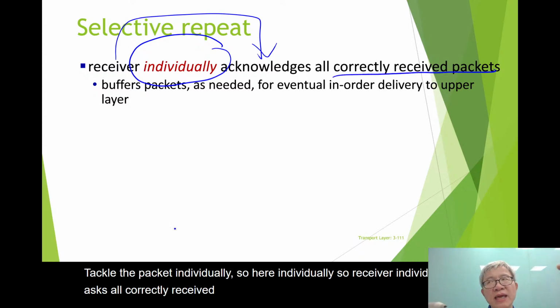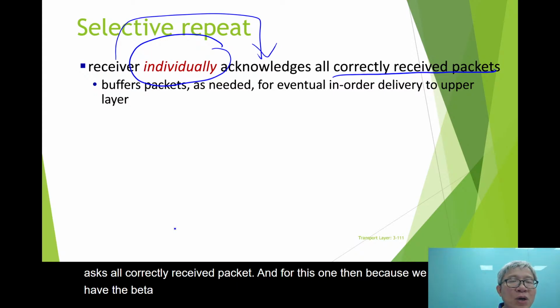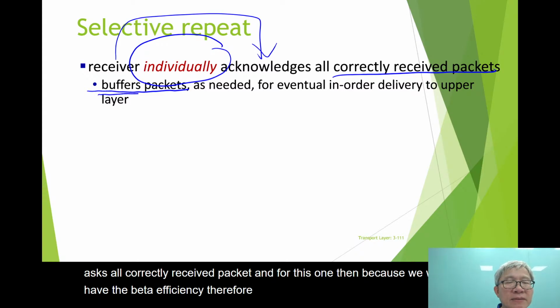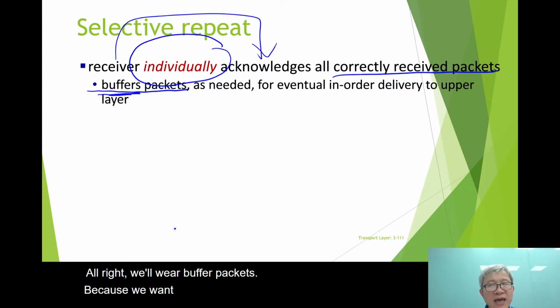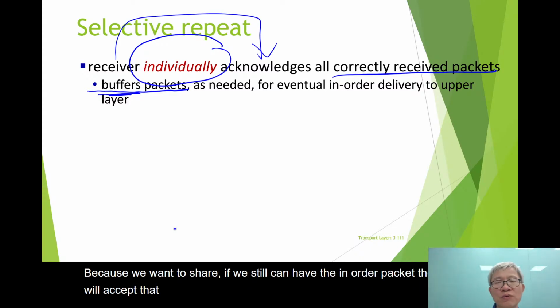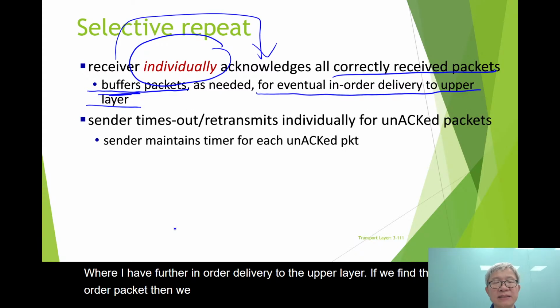And for this one, because we want better efficiency, we will buffer packets, because we want to check if we can still have the in-order packet, then we will accept that packet finally. So we will have in-order delivery to the upper layer. If we find the in-order packet, then we can deliver those packets.